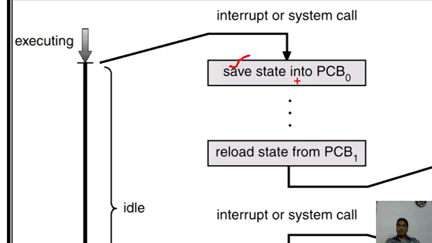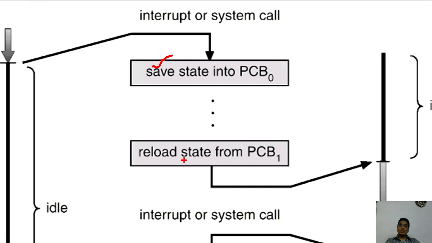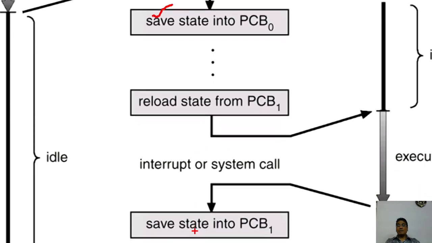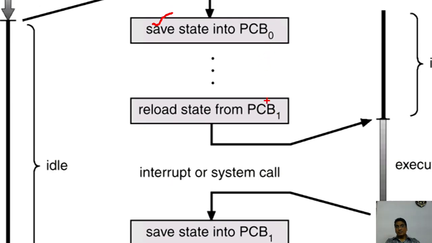Then the state of the other process is brought in. The CPU will start executing, and if there is an interrupt, I will take P0 and P1. First P0 is saved, P1 is loaded, P1 is executing.